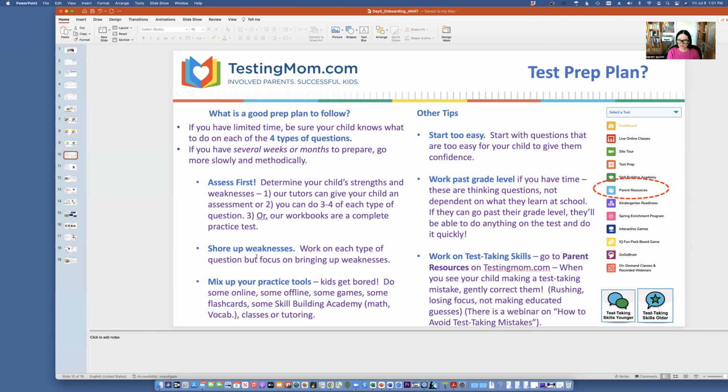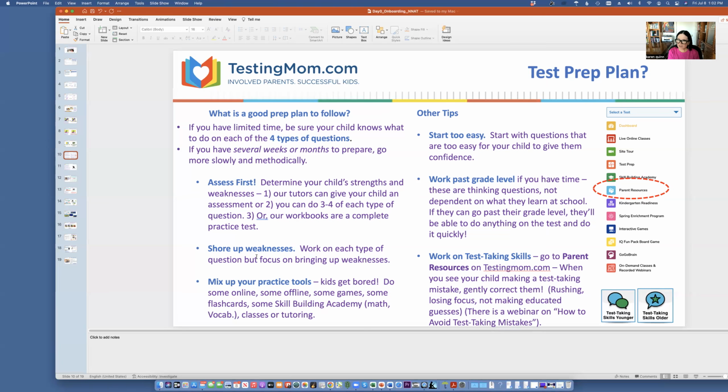Another thing to do with cognitive questions, this is really important. Start with questions that are too easy for your child, and then work your way up to questions that are harder for them. And the reason is that cognitive questions build on themselves. So if you've worked with questions that are really easy and they get a little harder, your child learns lessons with the harder puzzles that they're able to then really apply to the much harder questions.